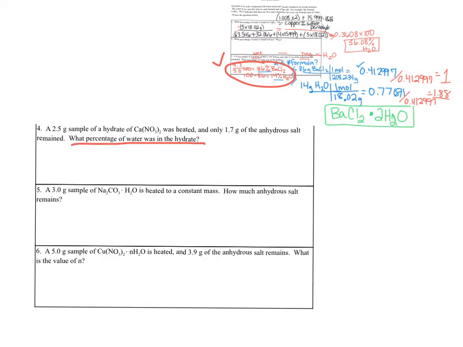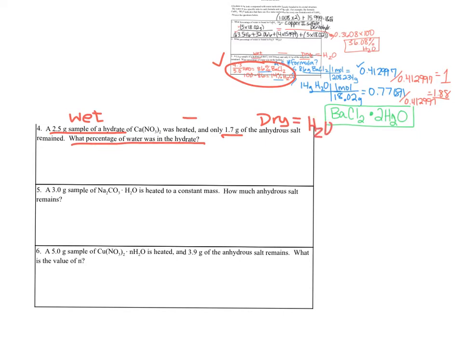So looking at what our question is asking, we have a 2.5 gram sample of hydrate, so this is wet, okay, and we have 1.7 grams of dry, sorry. Wet minus dry equals water.